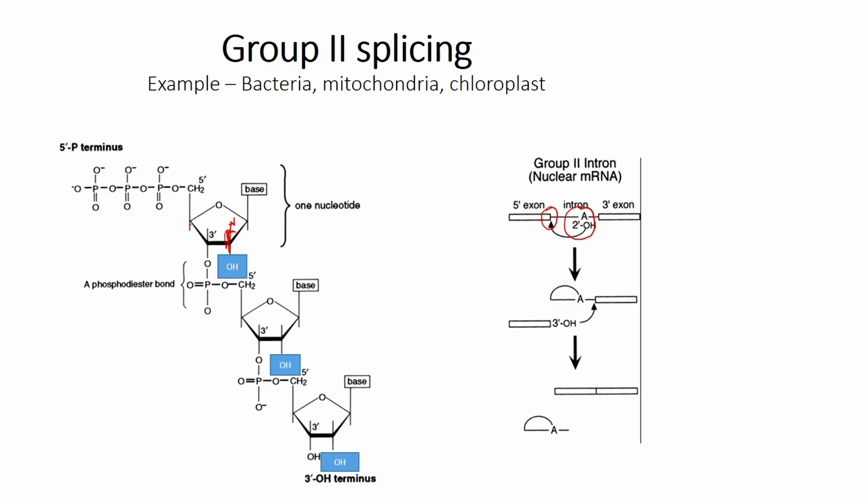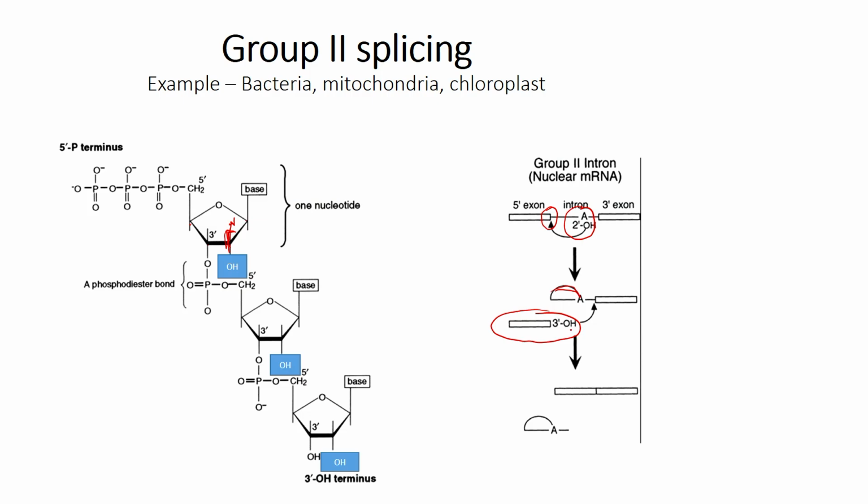So then what happens? This makes a nucleophilic attack. When it makes a nucleophilic attack, this becomes separate and this becomes 3' OH. After the nucleophilic attack, this forms a lariat like this.